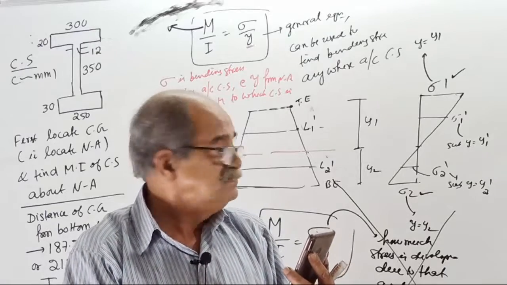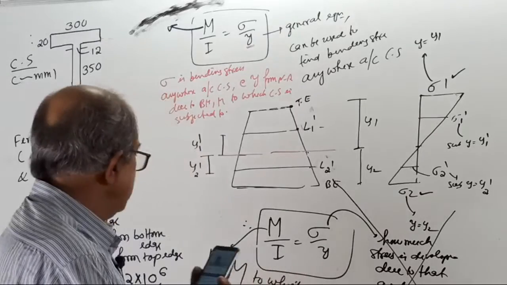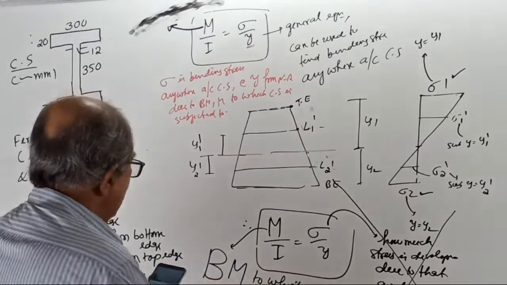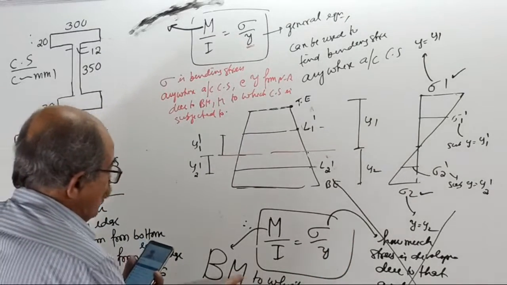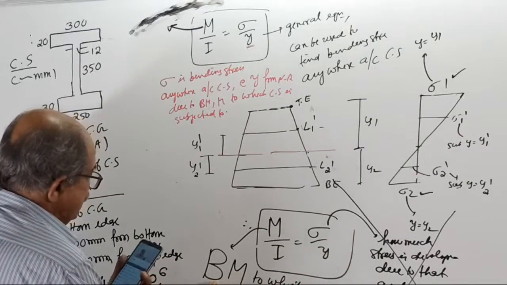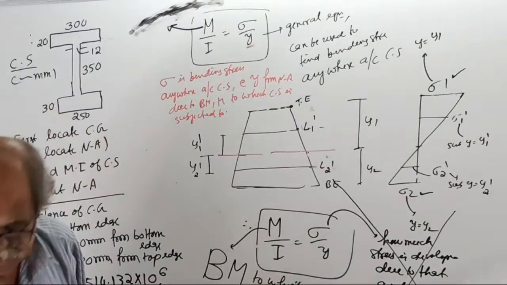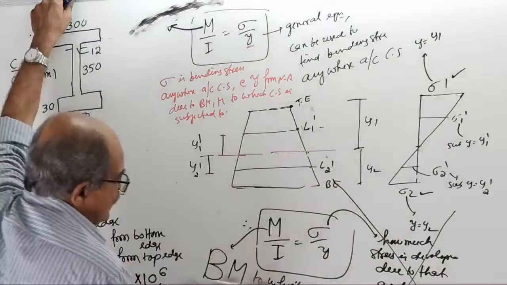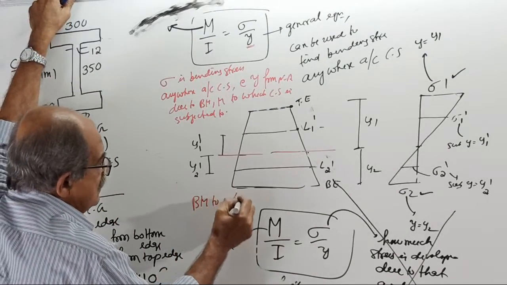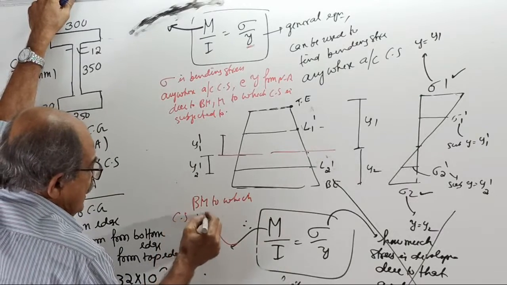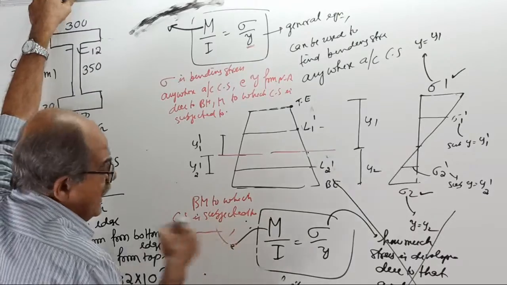Okay, this statement was not visible, correct? I will write once again. I wrote here, M is the BM to which the cross section is subjected, or the applied BM.